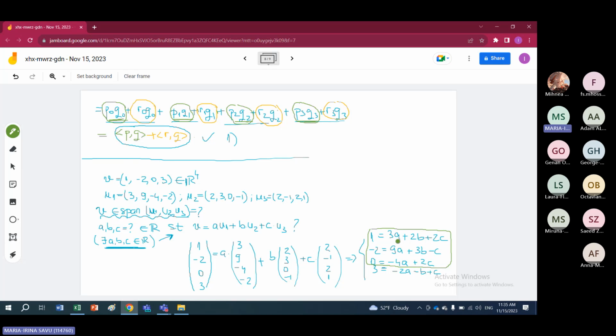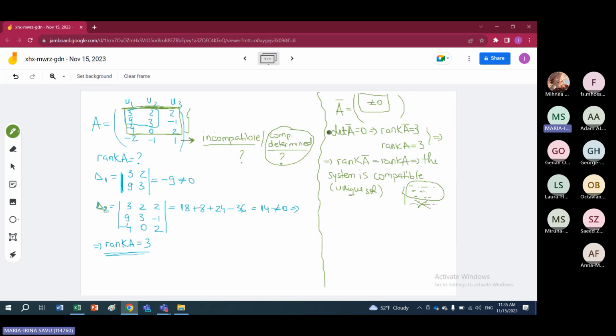Okay, so what happens if the determinant of the extended matrix is not 0? Then the rank of the extended matrix will be 4, and that means it's incompatible. Exactly.